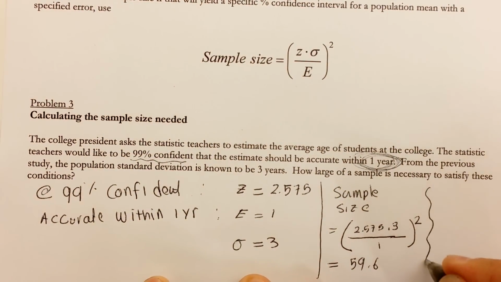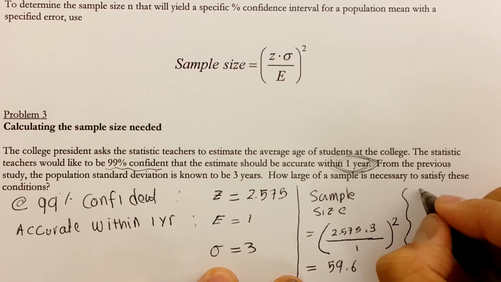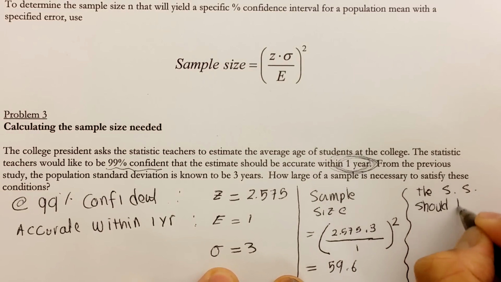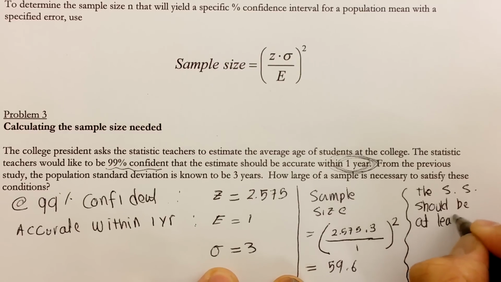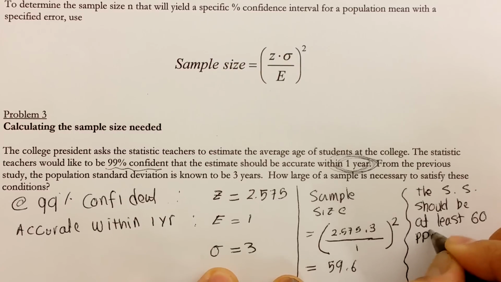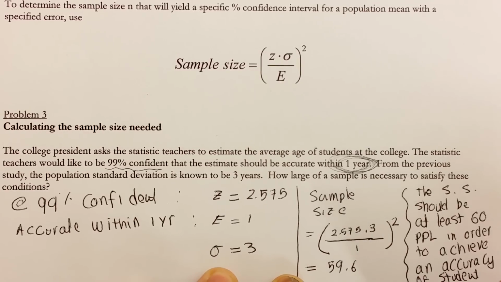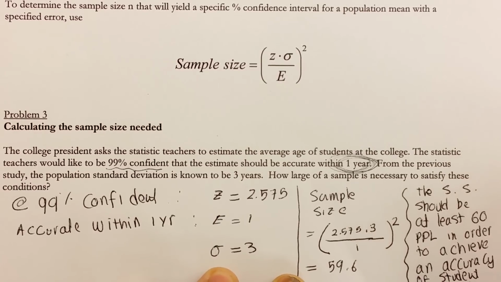So now we answer the question. The sample size should be at least 60 people in order to achieve an accuracy of student age within 1 year. There you go.